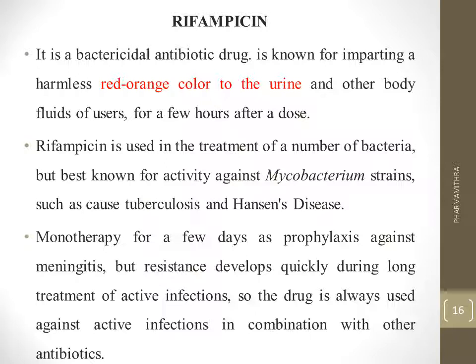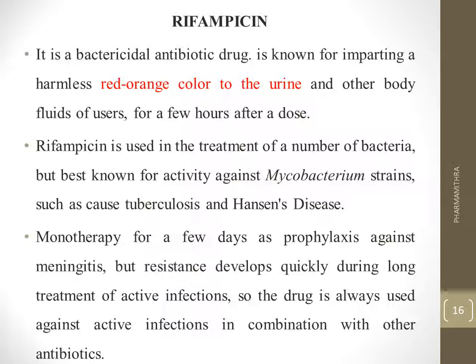The other important drug is rifampicin. Rifampicin is active against mycobacterium strains such as M. tuberculosis, which causes tuberculosis, and Hansen disease. Rifampicin produces a red to orange color in the urine, so note that for a few hours after a dose, rifampicin produces a red to orange color.